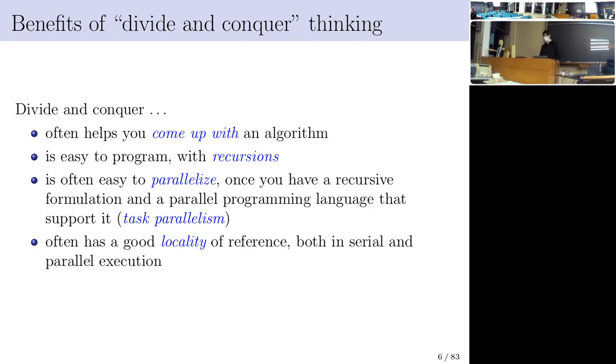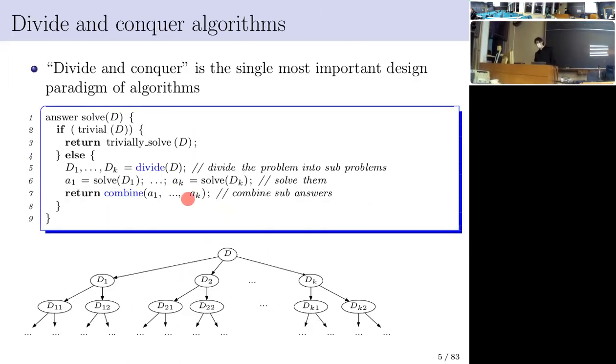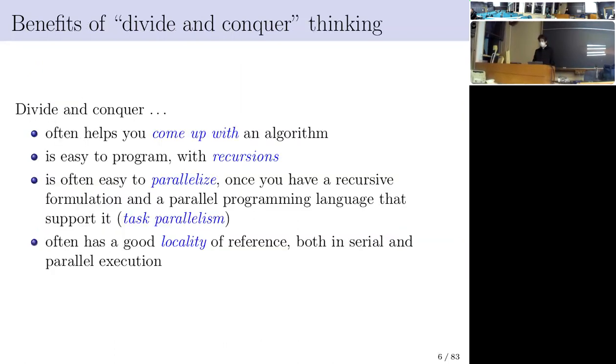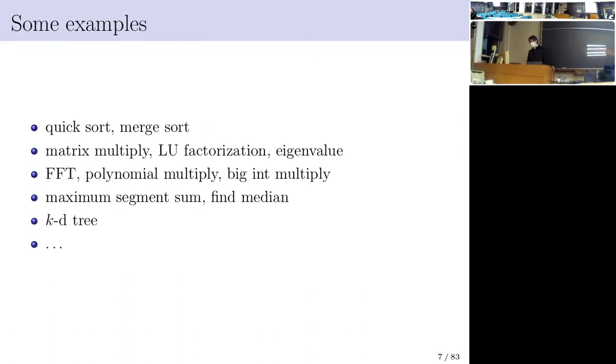Again, I'm not saying this is necessarily always the case, but this part and this part tend to work on different parts of the data, so the locality tends to be good. So in many senses, mastering this paradigm of divide and conquer, and mastering task parallelism to parallelize divide and conquer algorithms, are very important.